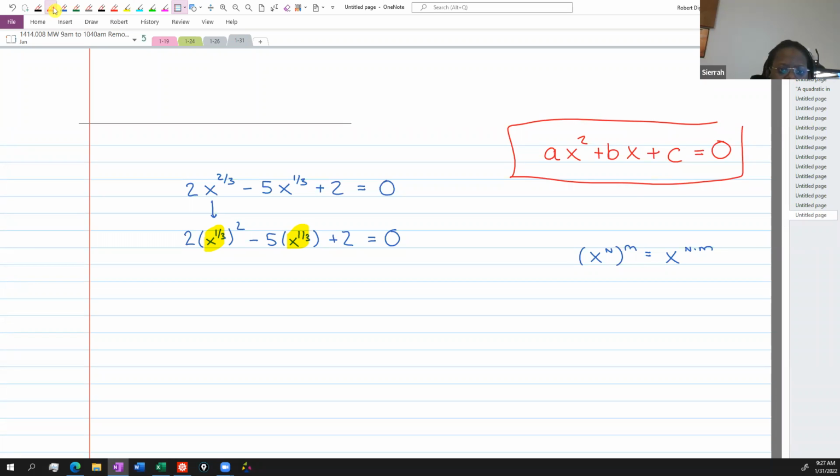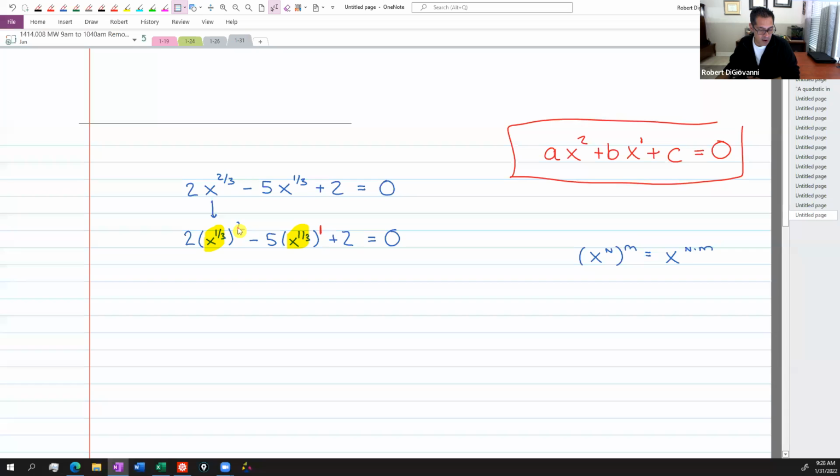They have to be to the second power and then to the first. If you go back to the quadratic, it's always x squared, then x to the first. So we need whatever it is squared, and then whatever it is to the first power. And these two things in yellow have to match exactly the same. I think I'm tracking.